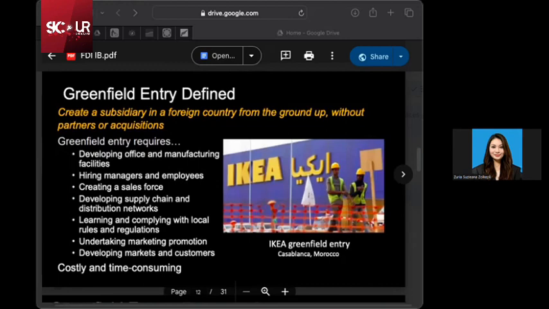And then you have to develop supply chain and distribution network, learning and complying with local rules and regulations. Okay, basically the same. However, this one is you have to comply from the establishment of the company.